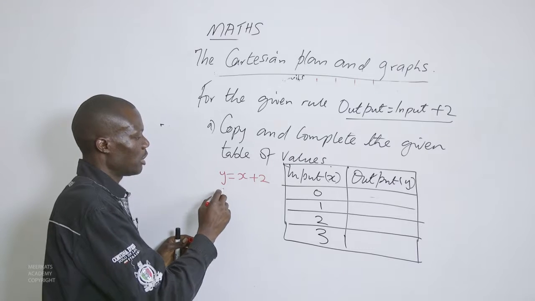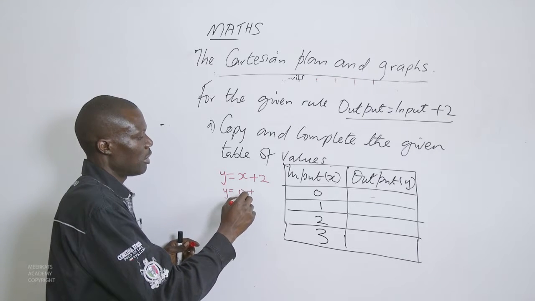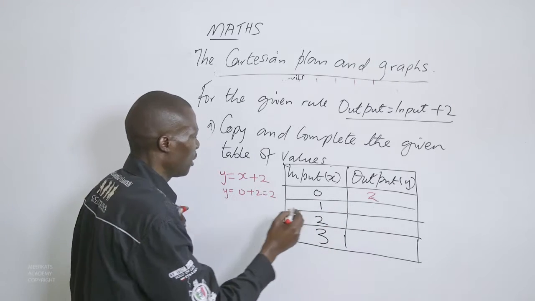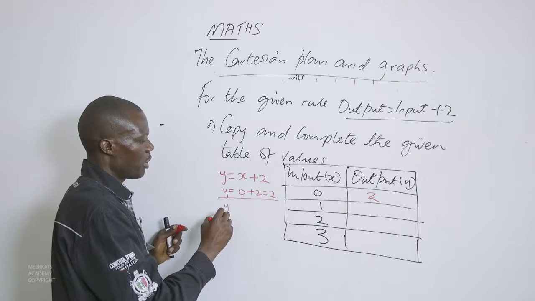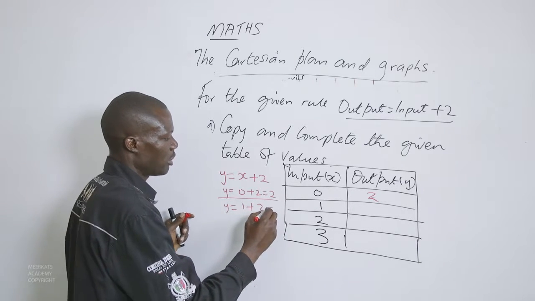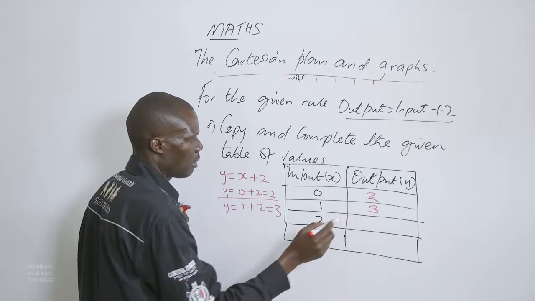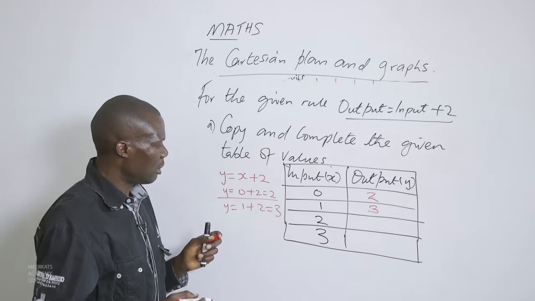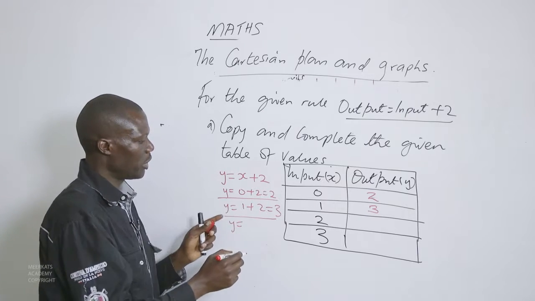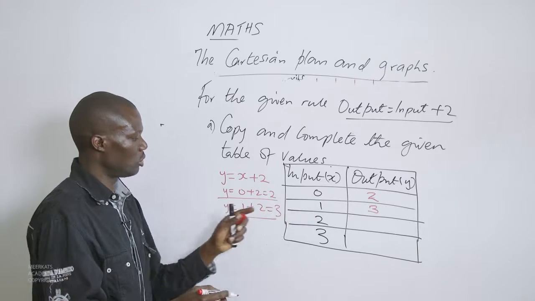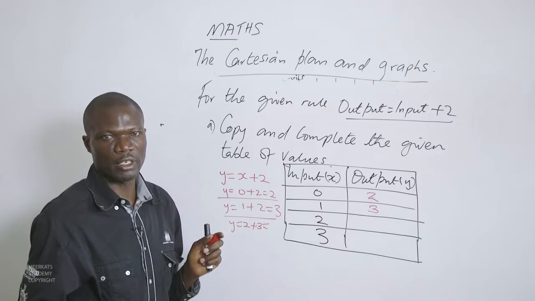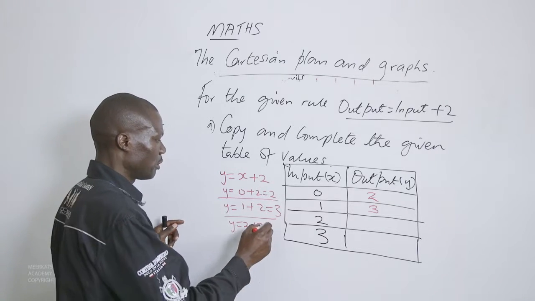So the first one is when x is 0, then y will be 2. So we shall have 2 here. The second is when x is 1, then y is equal to 3. We have 3 there. The third one, when x is equal to 2, so we substitute 2 here, then plus 3, it means that the value of y will be 5.